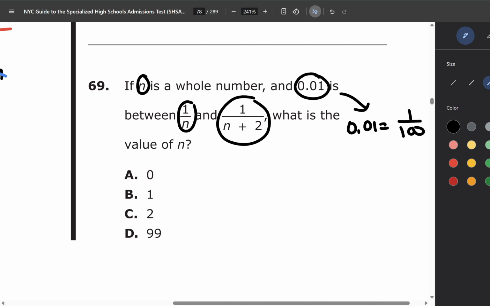So what we're basically saying here is that 0.01 is between 1 over n and 1 over n plus 2. Because here 1 over 100 is equal to 0.01, n will be equal to 99 here, and n plus 2 is equal to 101.